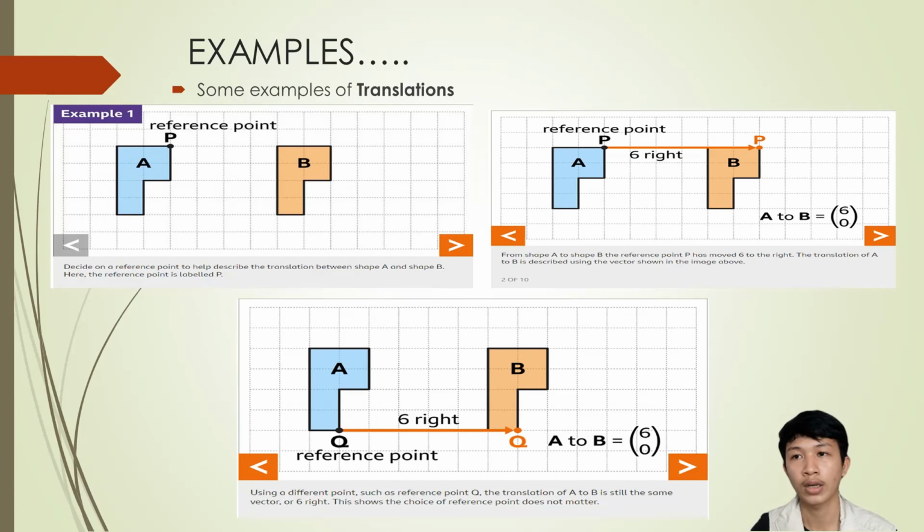The 6 is the x. So we will move it to the right side. The x is not negative, so we'll move it to the right side. 1, 2, 3, 4, 5, 6. So this is how to translate the object in the graph.